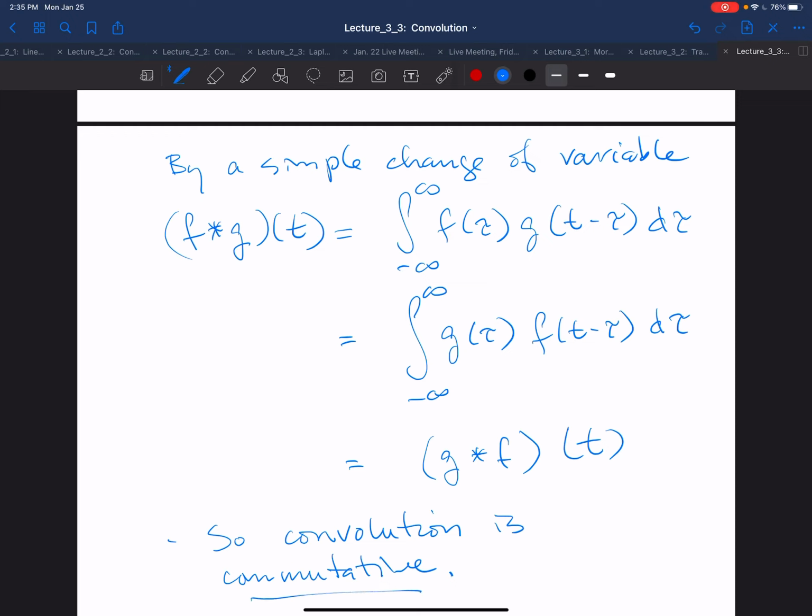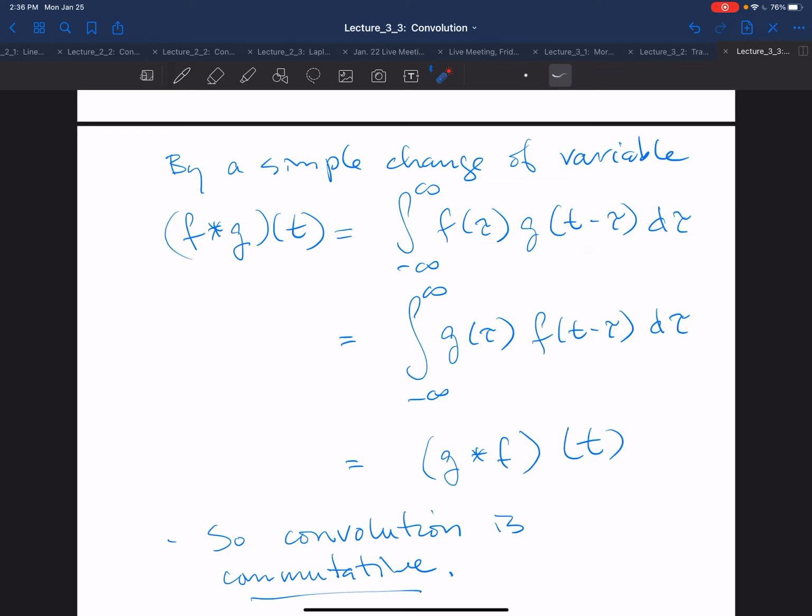So the operation of convolution is commutative. And that follows from our interpretation of convolution as the operation of simply taking the products of f and g for all cases where their two arguments sum to t, and then simply summing over tau.